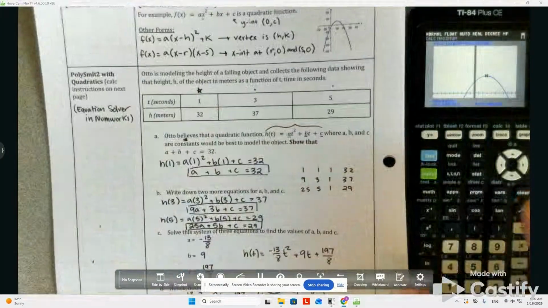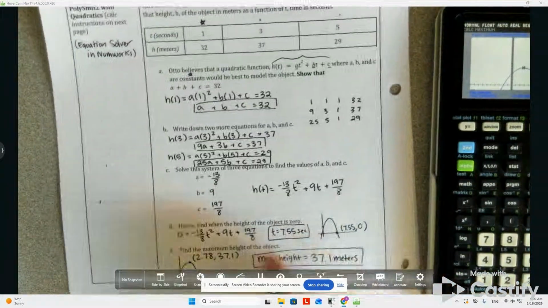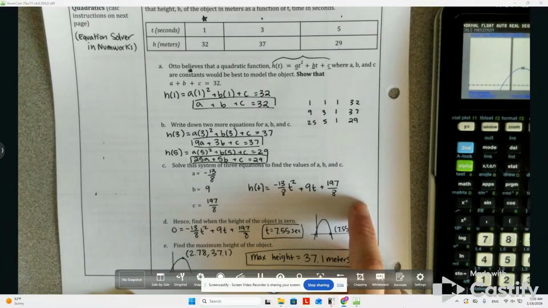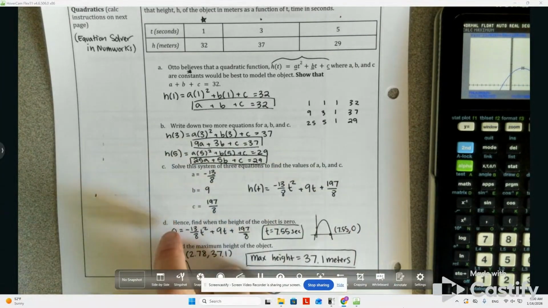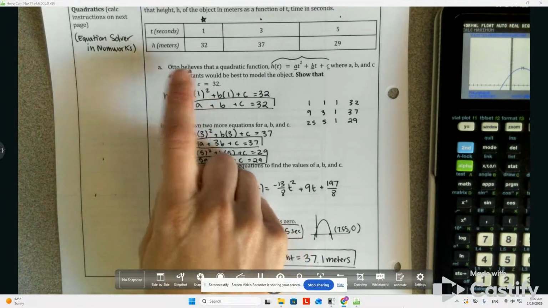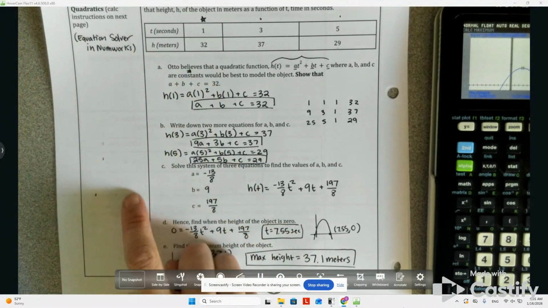So I'll go through how you would do that too. What this will allow us to do is basically skip to this step here. While that would get you the equation you need to do part D and E, it would not get you credit for A and B if you were to do this on a test.